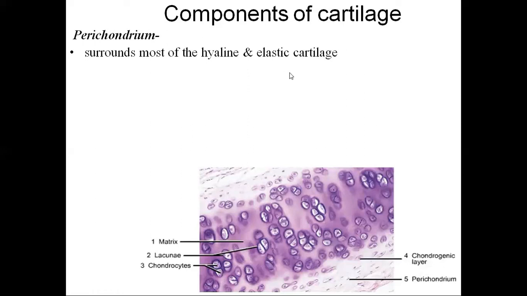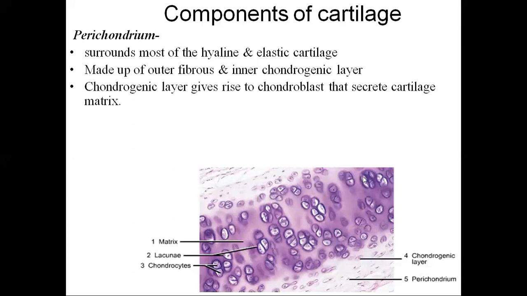It is absent in fibrocartilage. It has two layers: a fibrous layer, which is outside, and an inner layer, which is called the chondrogenic layer. The chondrogenic layer will give rise to the young cells of cartilage called chondroblasts, which start to produce cartilage matrix.